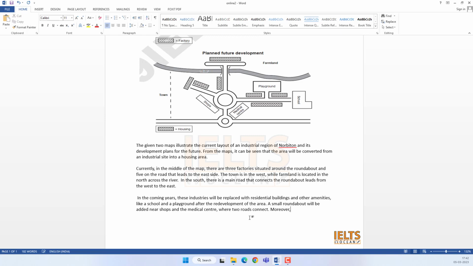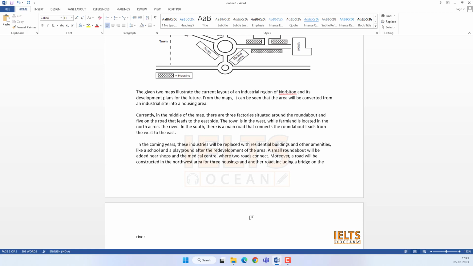Moreover, a road will be constructed in the northwest area for street housing and another road including a bridge on the river for the additional housing in the north.